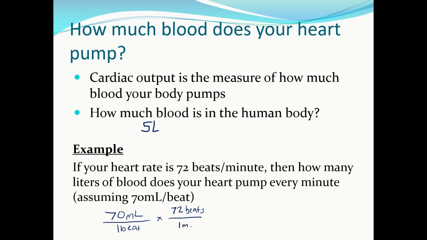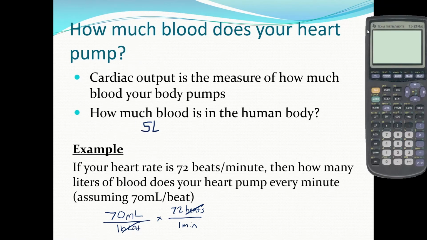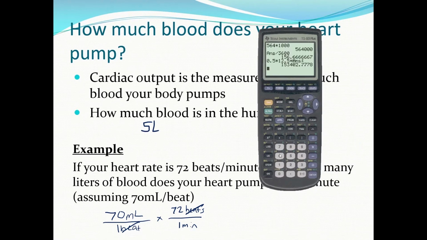in 1 minute. So the beats, we'll cancel it with the beats. So we have 70, so this is how many milliliters per minute. Right? So if I do that, I'll just open my calculator here and plug that in. So all I need to do is 70 times 72, because there's just ones on the bottom.